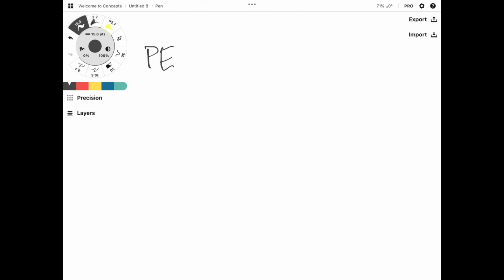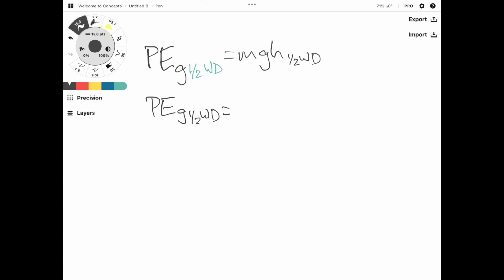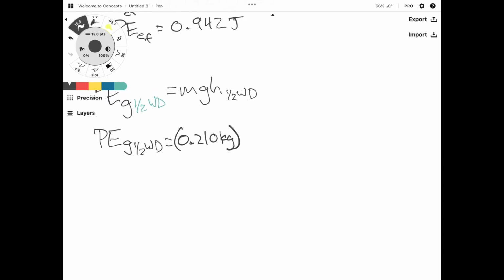Potential energy due to gravity halfway down is equal to mass times g, the acceleration due to gravity, times the height halfway down. So that is the mass, 0.210 kilograms, times g, times the height halfway down, which is 0.72.